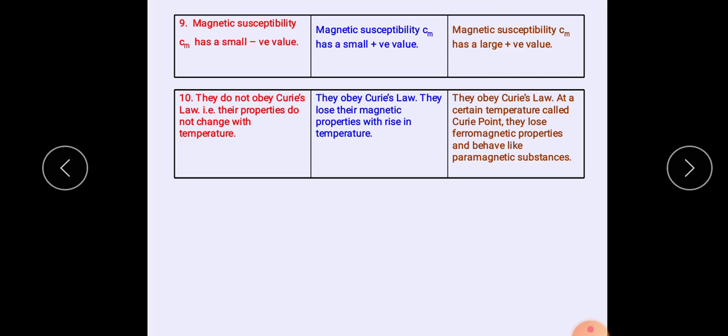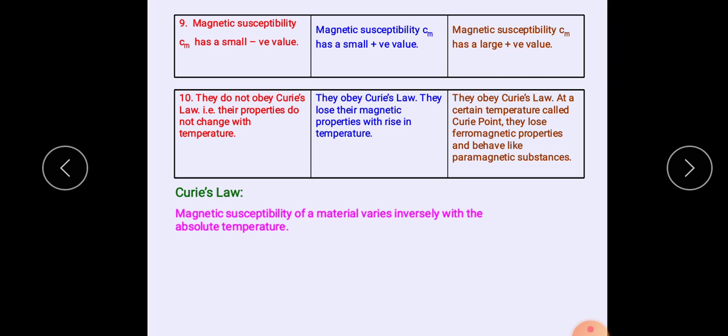Ferromagnetic substances obey Curie's law above a certain temperature called the Curie point. They lose ferromagnetic properties and behave like paramagnetic substances. Now what is Curie's law? The magnetic susceptibility of a material varies inversely with the absolute temperature.